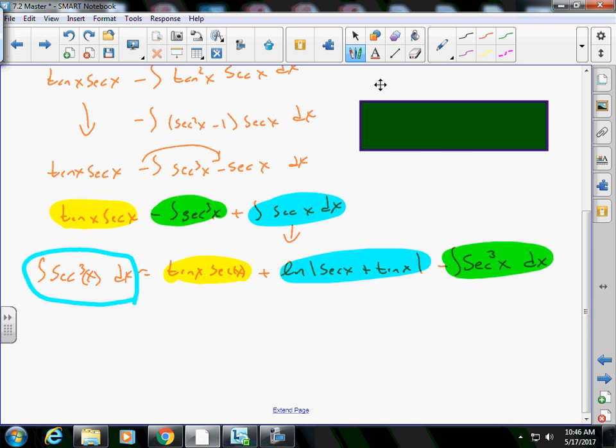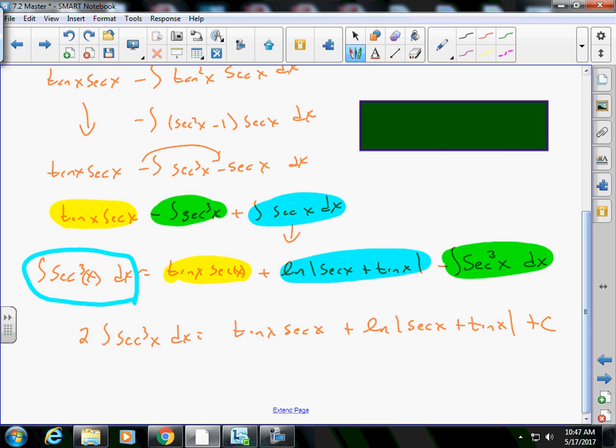So bringing that minus secant cubed x to the other side, I get 2 secant cubed x dx is equal to the tangent of x secant x plus the natural log of secant x plus tangent of x, the absolute value, plus a constant.